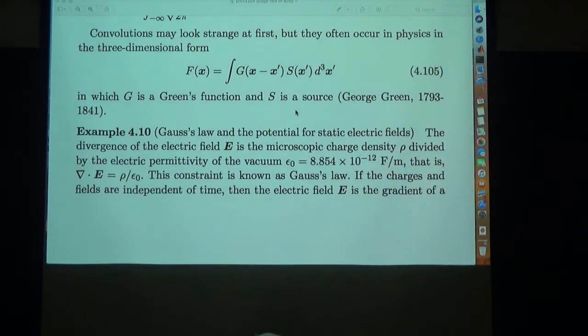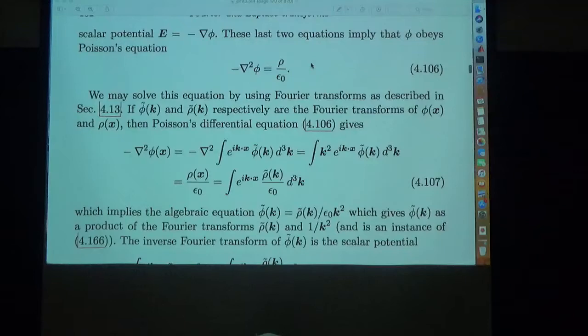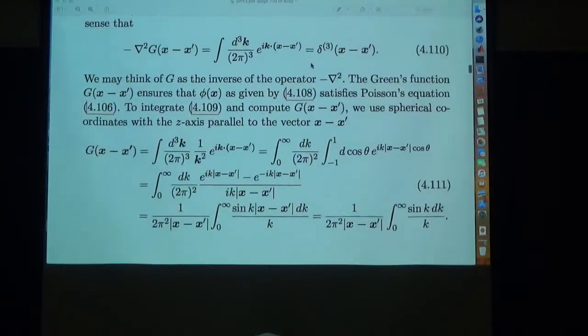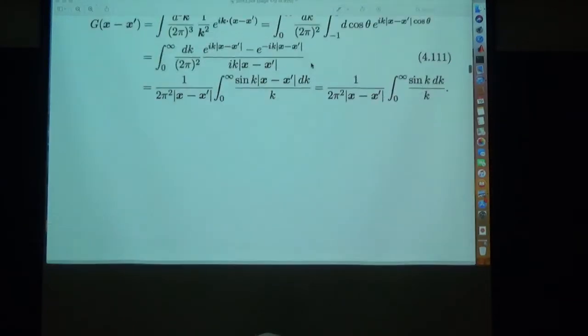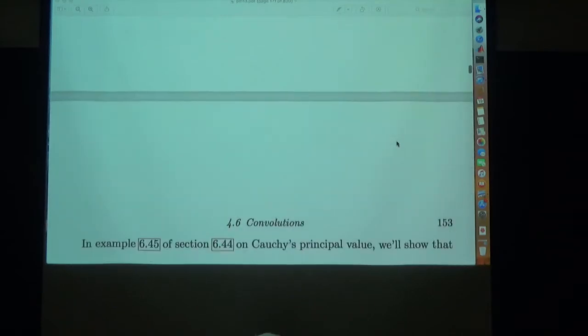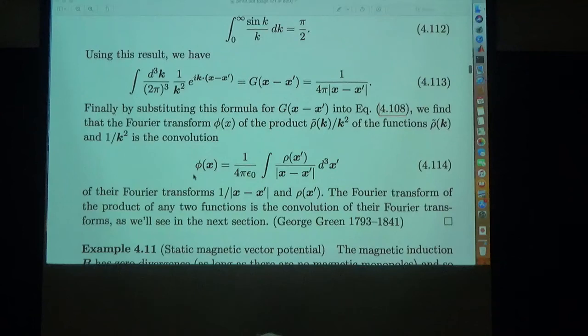Anyway, this is a convolution, obviously, and let me just give you an example. And as I said, in the problem session, I'll be happy to do it for you. The Green's function in electrodynamics looks like this. In particular, the electrostatic potential at a point is the charge density divided by the electric constant and x minus x prime, integrated.